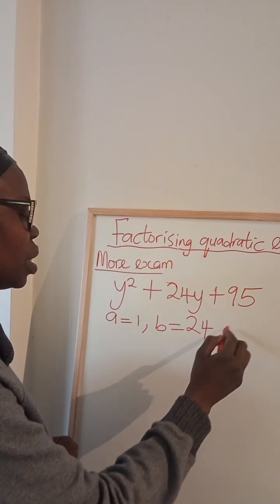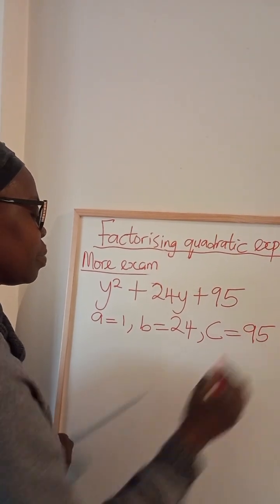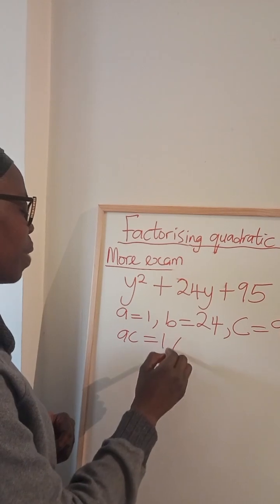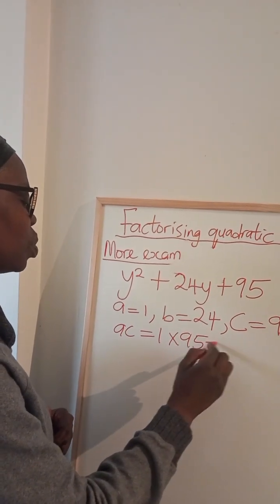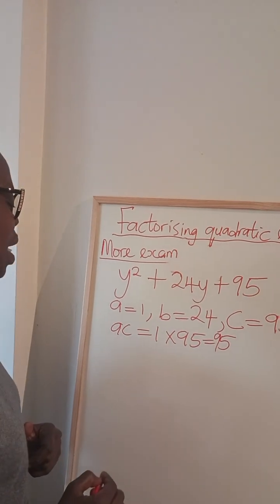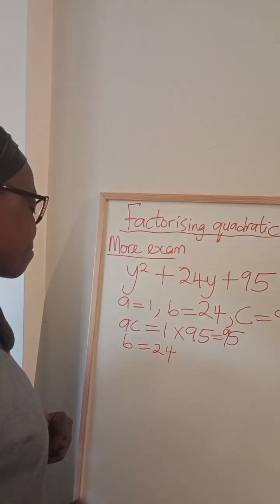And the last figure here is c, which is 95. AC is 1 by 95, which is equal to 95. And B is still 24.